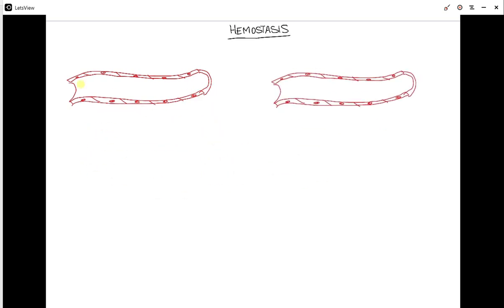Let's diagram plasma. So I'm not including the red blood cells here, but obviously all the fluid that would be in here would be plasma.